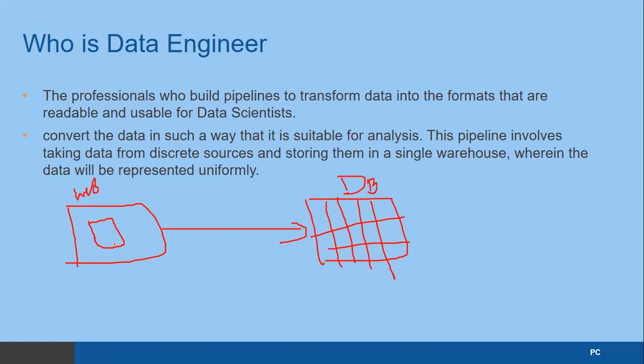If you have a bank, the bank will have credits, debits, customers, loans, and so on. As soon as you perform these transactions, they keep getting stored in the database. This is also called the transactional database, the operational database, the backend database. These all get stored over here.